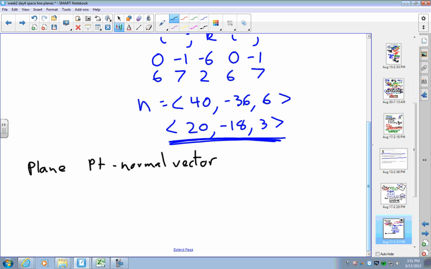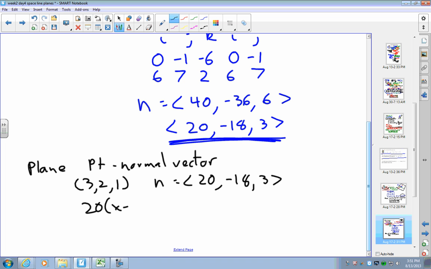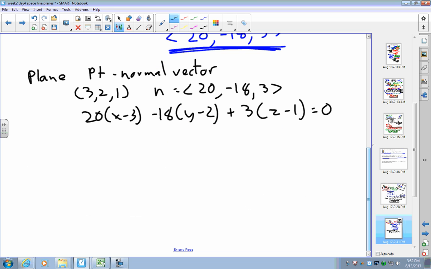So let's use the point 3, 2, 1, and the normal here of 20, -18, 3. And you can say 20, x minus 3, minus 18, y minus 2, plus 3, z minus 1, equals 0. That's the standard way. You can go get the general way.